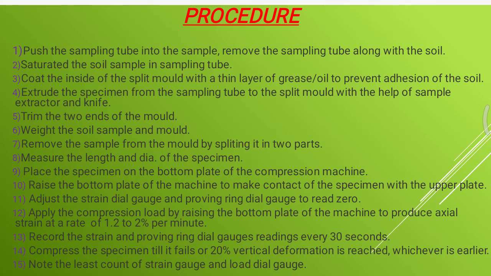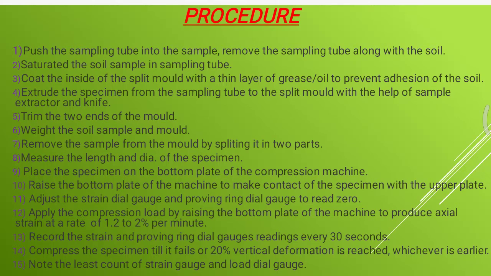Then raise the bottom plate of the machine to make contact of the specimen with the upper plate. Then adjust the strain dial gauge and proving ring dial gauge to read 0. Then apply the compression load by raising the bottom plate of the machine to produce axial strain at a rate of 1.222% per minute.